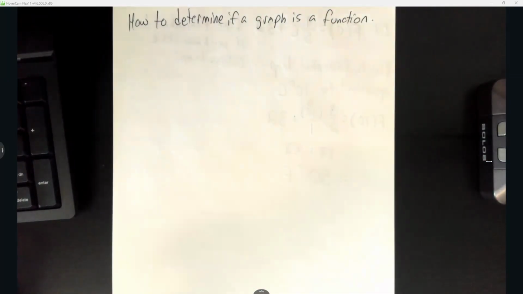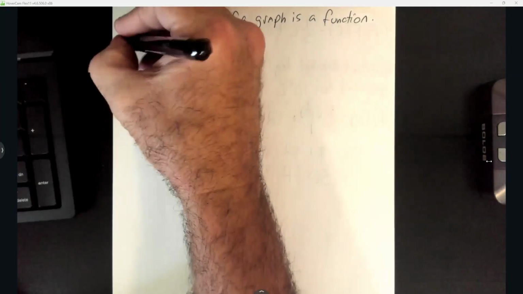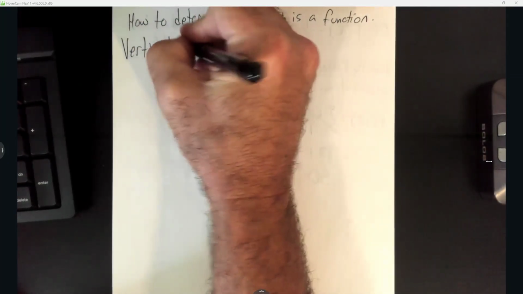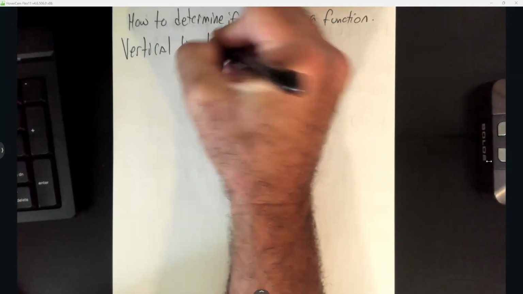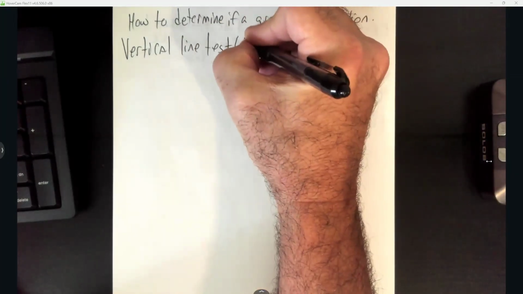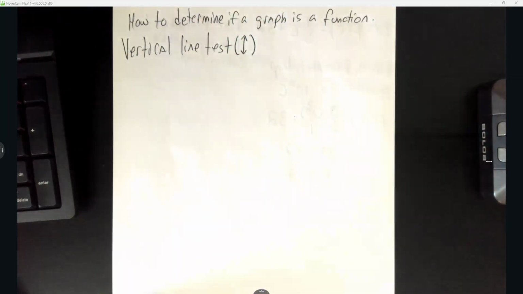Because remember, if it's a function, all the x values can only have one y value. So y'all, what do we use? We use what we call the vertical line test. And remember, vertical lines are your up and down, okay?